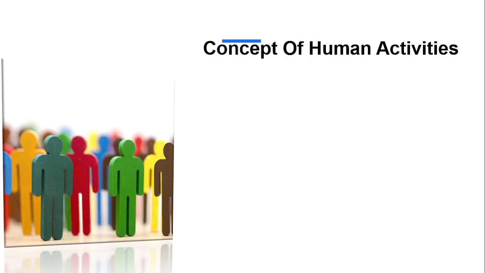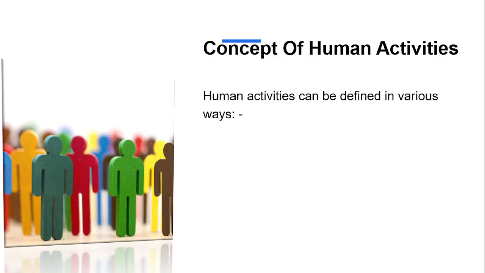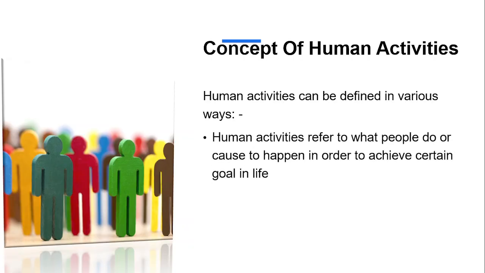The concept of human activities. What do we mean when we say human activities? Human activities can be defined in various ways. Here are some of the ways you can define human activities. Human activities just refer to what people do or cause to happen in order to achieve certain goals in life. That's one way to look at it.